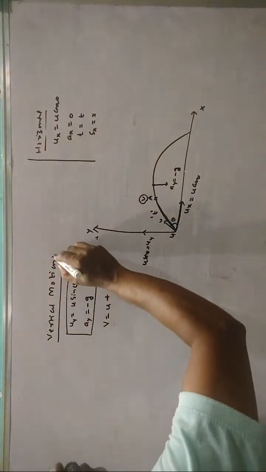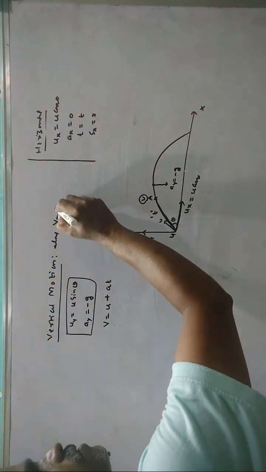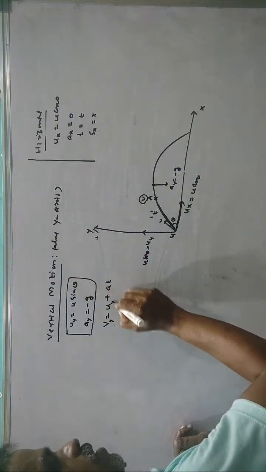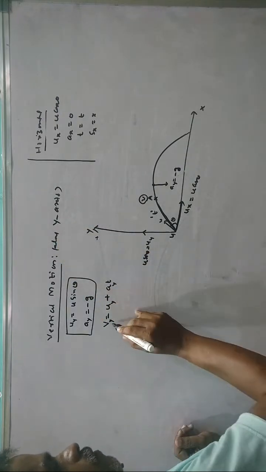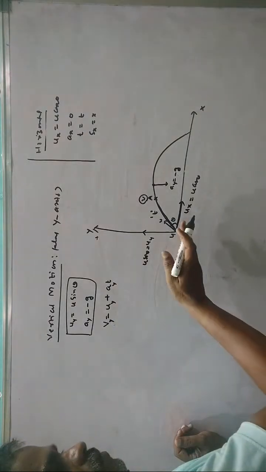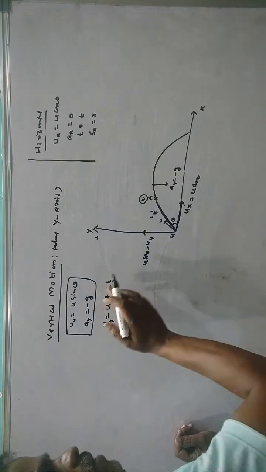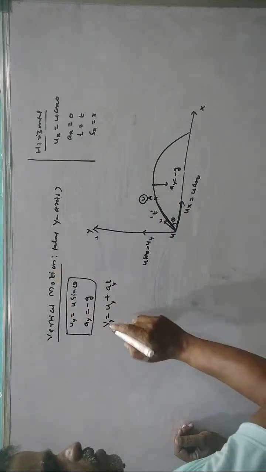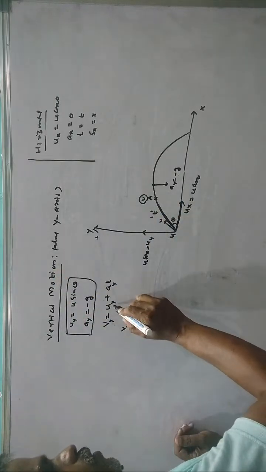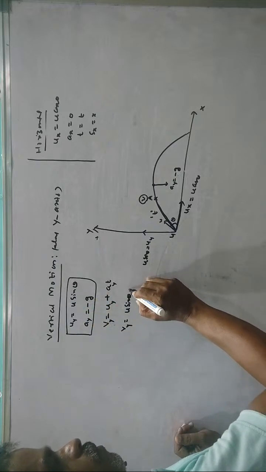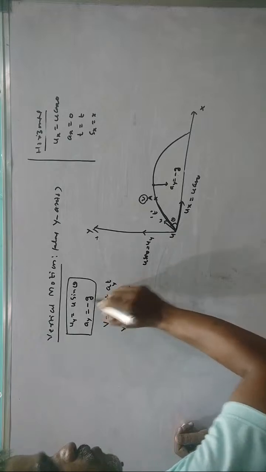Vertical motion, so along the y-axis, we use subscript y. Vy is velocity along the y direction, uy initial velocity along the y direction, ay acceleration along the y direction. Just substitute here. Uy is nothing but u sin theta plus, see, ay equal to minus g.